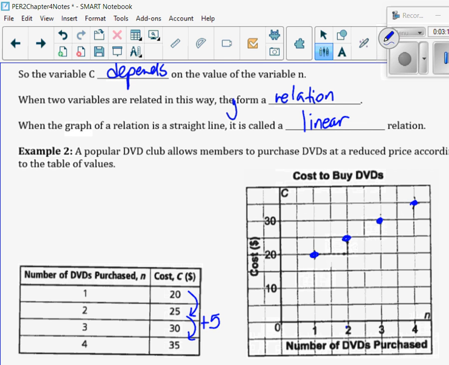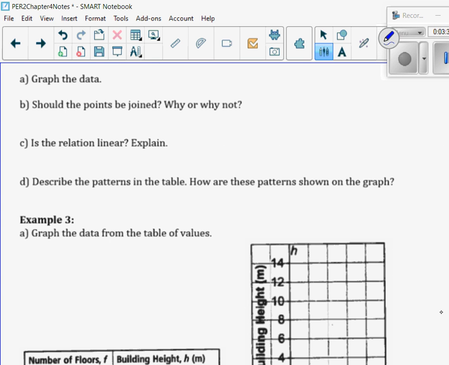Then you got to ask yourself, would I be connecting the points to make a line? Can I buy partial DVDs? No, you cannot. So we cannot connect these dots. So graph the data. Should the points be joined?